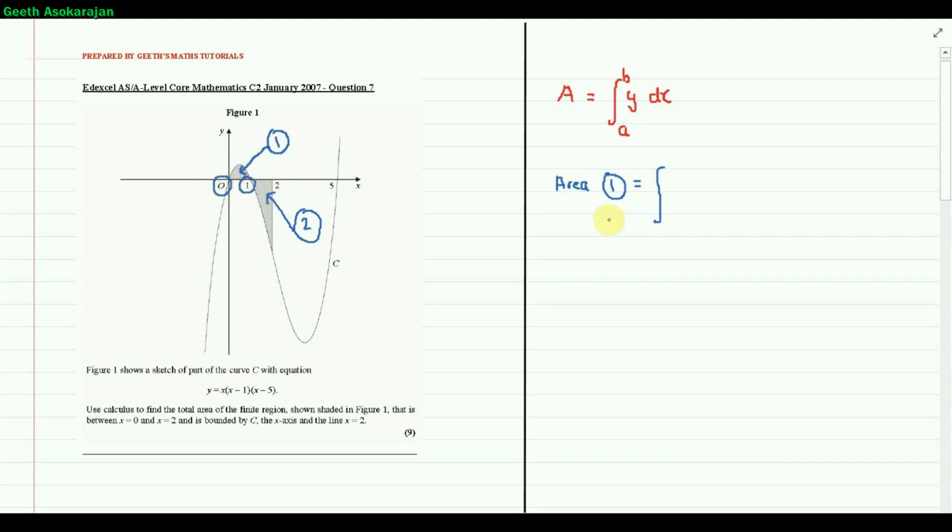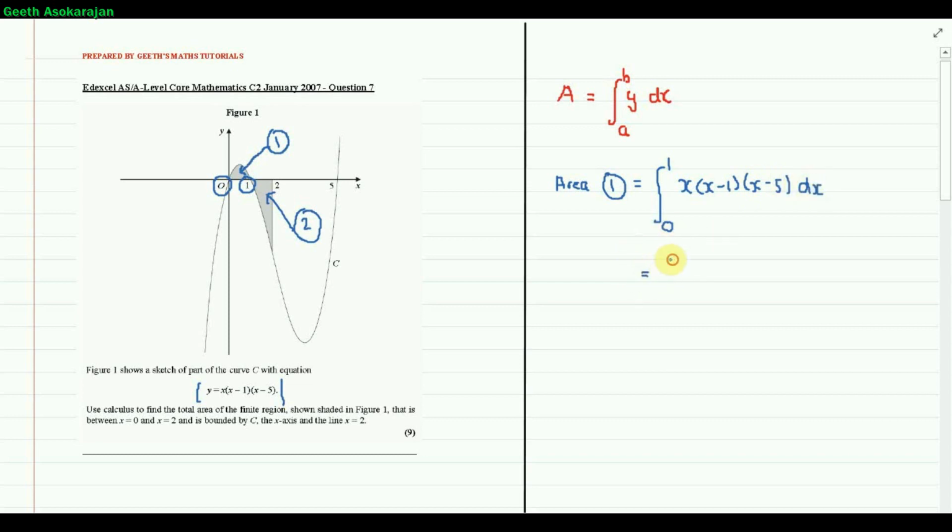These will be these x values: 0, the lowest value, will be the lower limit, and 1, the highest value, will be the upper limit. And y is given to us as x(x minus 1)(x minus 5).